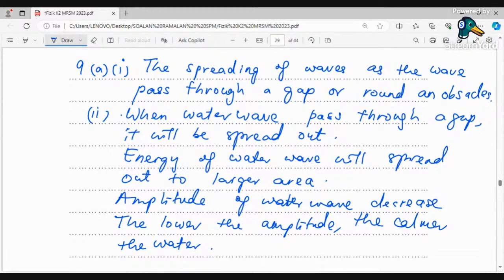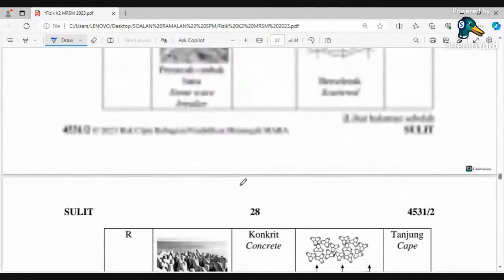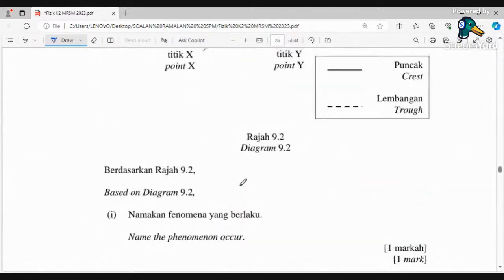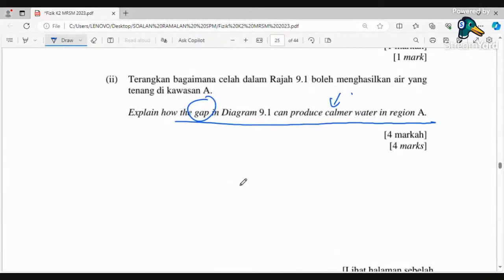Okay, maksudnya last kali kita relate balik ya. The lower the amplitude, the calmer the water. Saya rasa itu saja sebab soalan dia nak itu je kan. Ya, tengok balik ya. Itu saja.